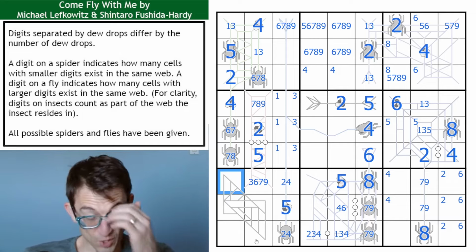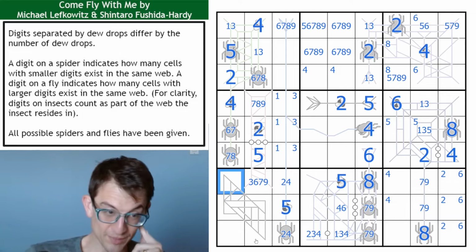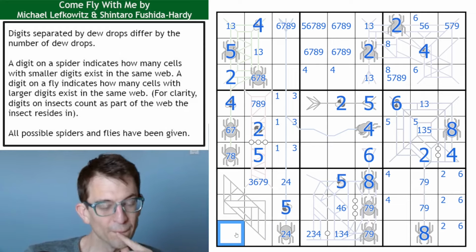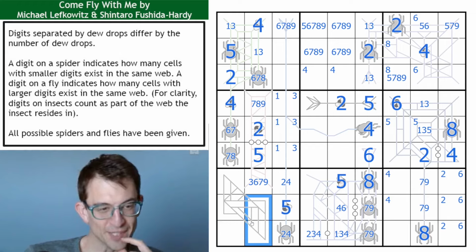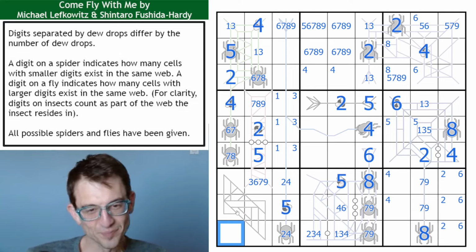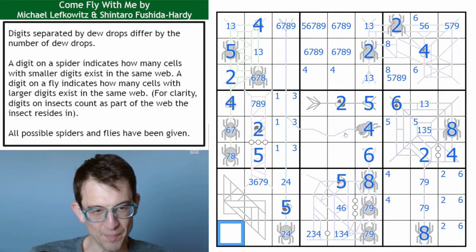And I think that's the only fly thing I need to worry about. So the reason this web is here is to prevent 3 on the web and 1 here. So why should I be tempted to put a 3 here and a 1 here? I don't know. But I bet that will come in handy later.